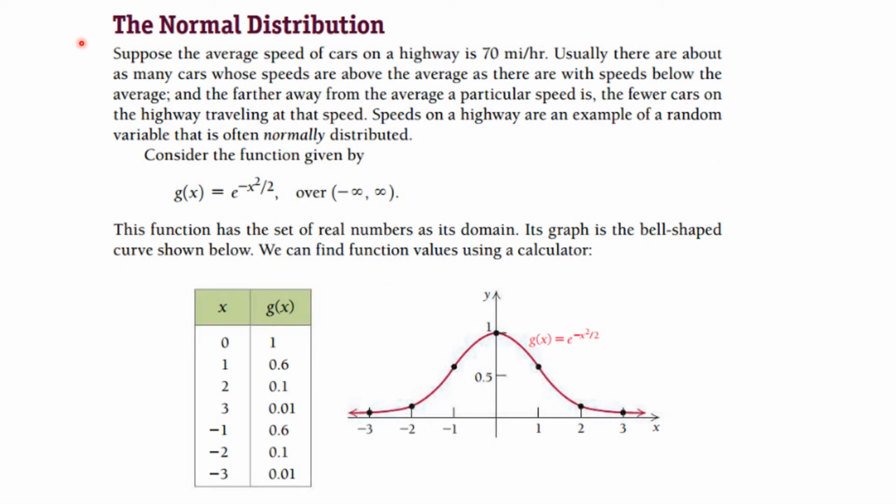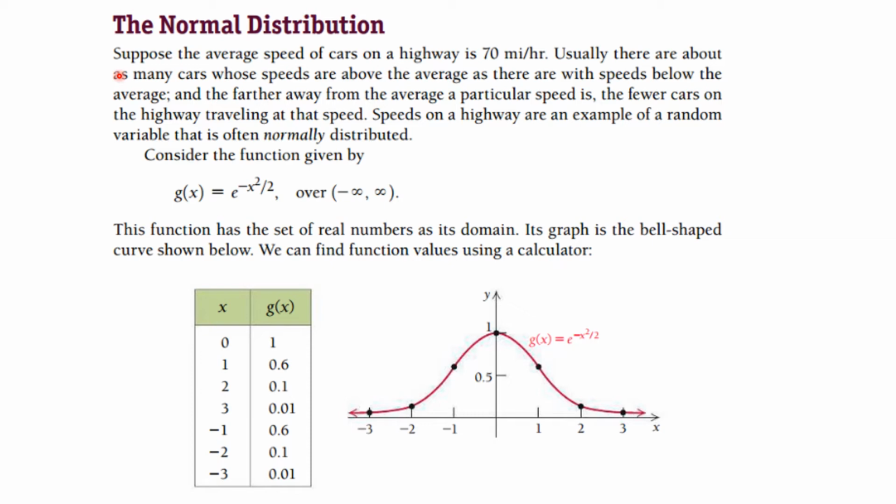We're now going to turn our attention to a distribution called the normal distribution. That is the bell-shaped curve that you've often heard about. So suppose the average speed of cars is 70 miles per hour. Now many cars are going above it and many cars are going below it. And very few cars are actually traveling at that speed.